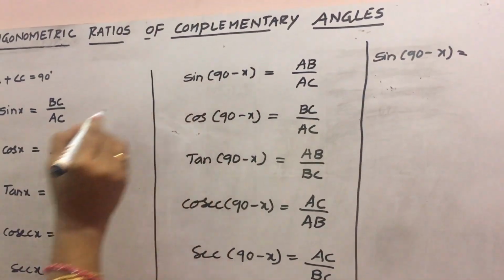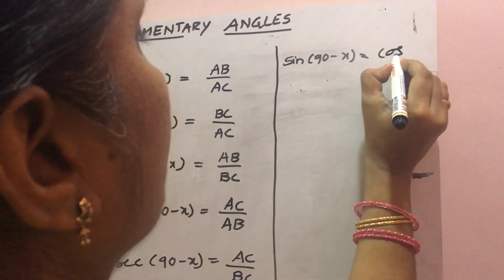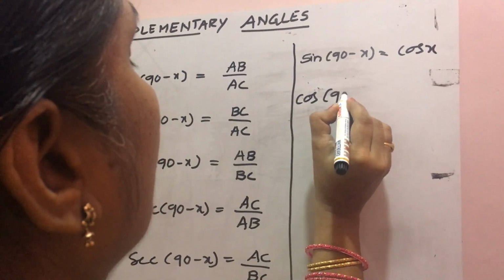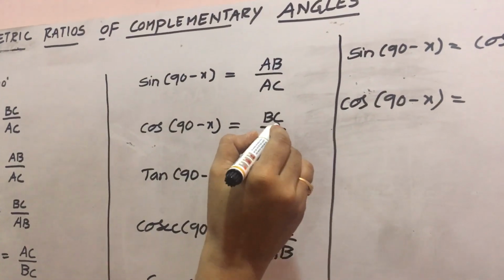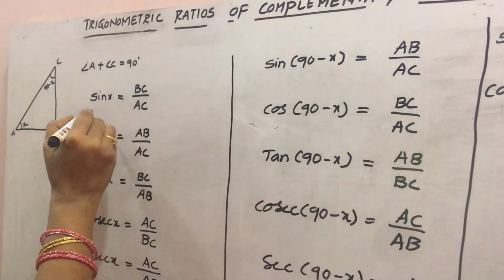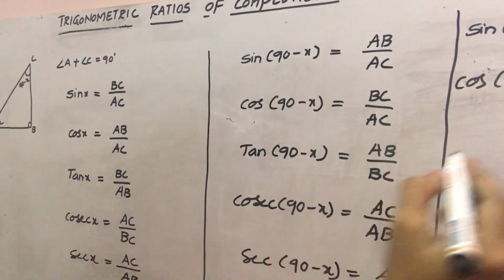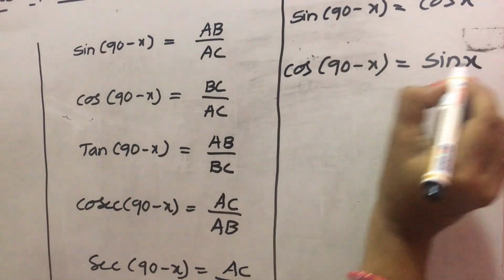So sin 90 minus X is equal to, we can write cos X. See, cos 90 minus X is equal to what is the ratio? BC by AC. See here, for angle X, sin X is equal to BC by AC. Means cos 90 minus X is equal to, we can write sin X.